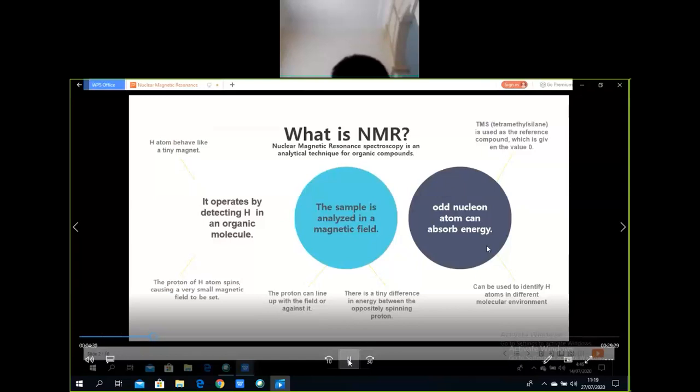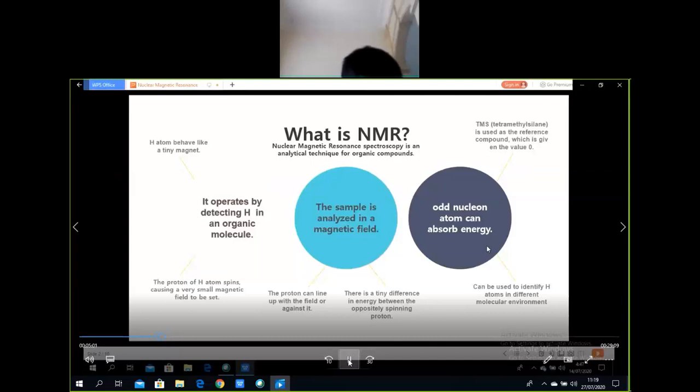There is a tiny difference in the energy between the oppositely spinning hydrogen nuclei. This difference corresponds to the energy carried by waves in the radio wave range of the electromagnetic radiation spectrum. Only atoms whose mass number is an odd number, for example hydrogen-1 and carbon-13, absorb energy in the range of frequencies that are analyzed.